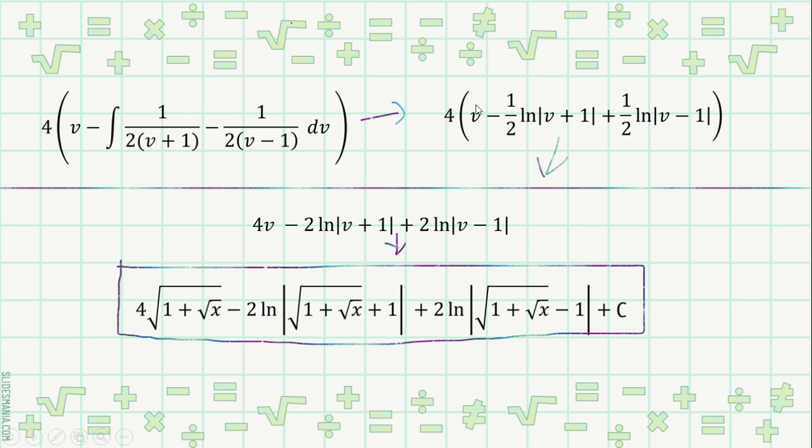It will be 4 times v minus 1 over 2 ln of v plus 1, plus 1 over 2 ln of v minus 1. This is the result: 4v minus 2 ln of v plus 1 plus 2 ln of v minus 1, and it will be like this, the result.